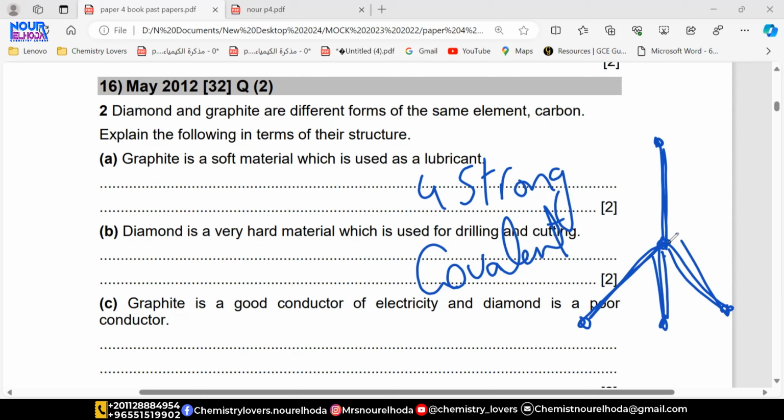Miss, what does lubricant mean? Look, lubricant means it decreases friction. You got my point? If you have any substance, there is friction. Do you know when the door is all the time making a squeaky sound? This sound is because of the friction, because you're using it all the time.